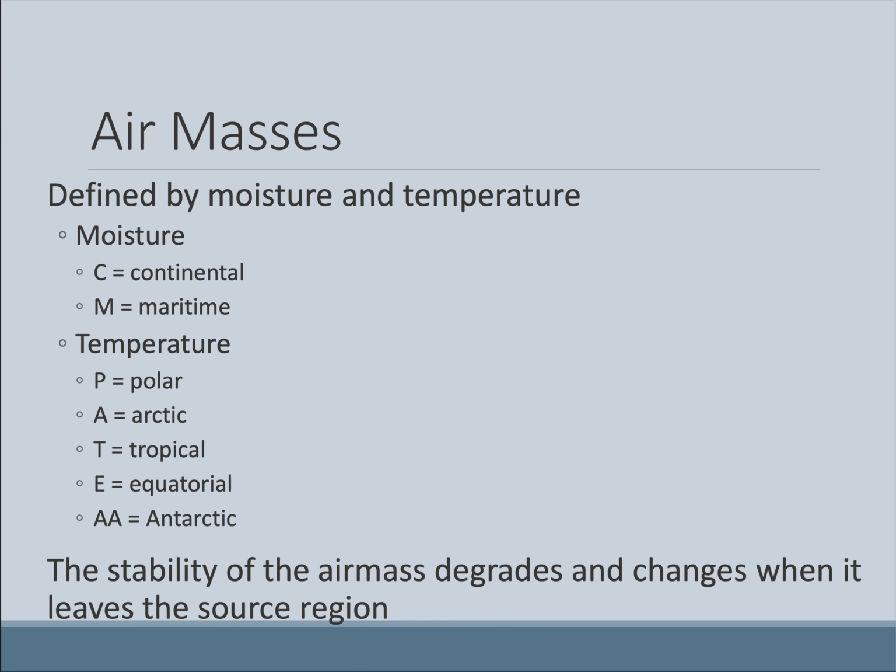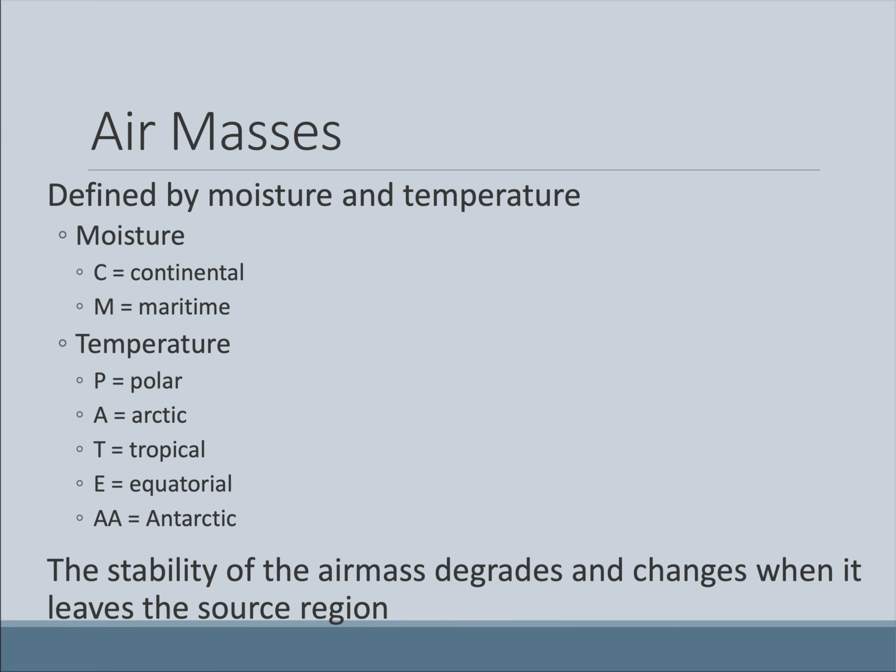Think through the Mediterranean nations, through North Africa for that tropical air mass. Equatorial is going to be in and around the intertropical convergence zone that we've talked about a couple of times now. Then the mirror image is true for the southern hemisphere.